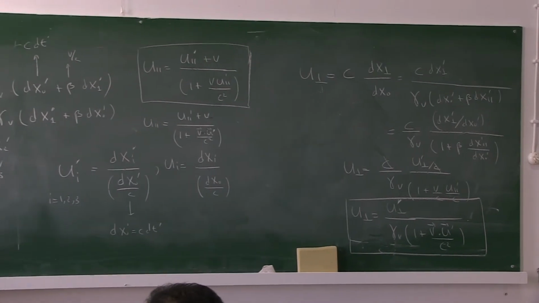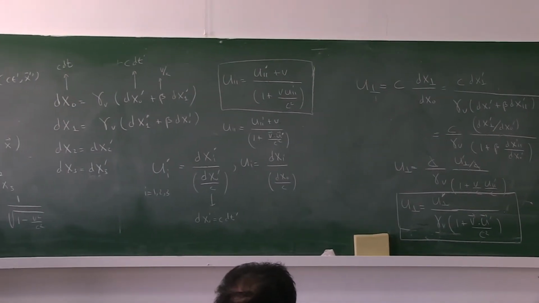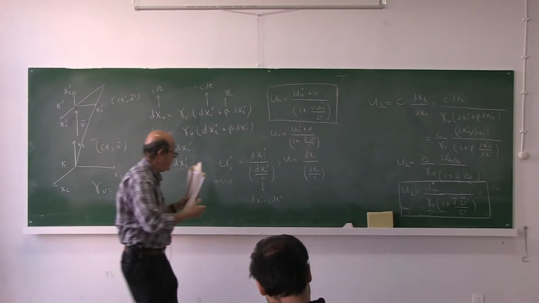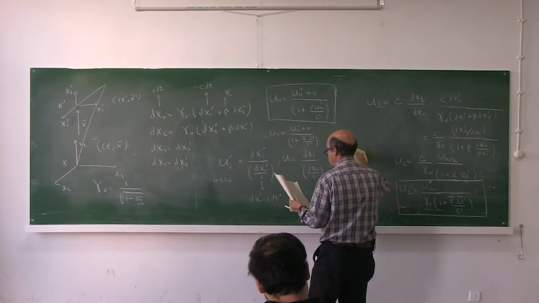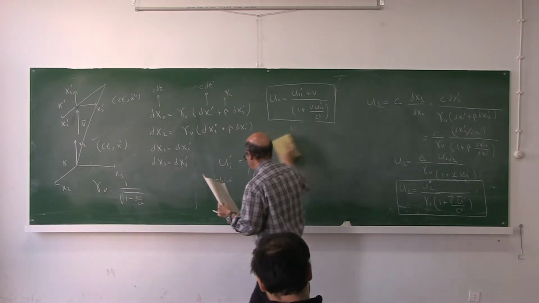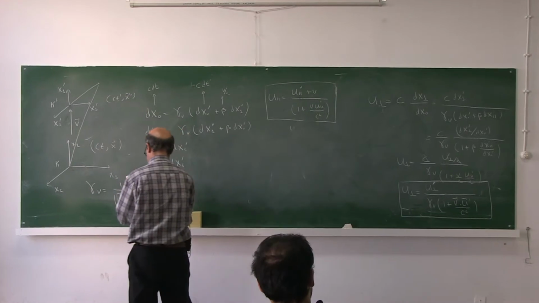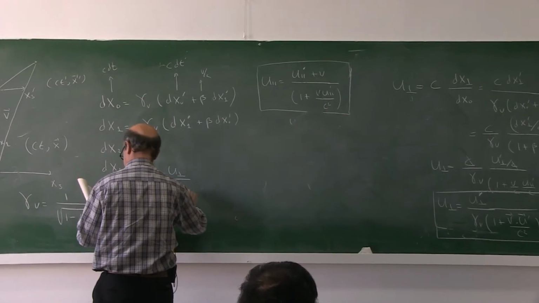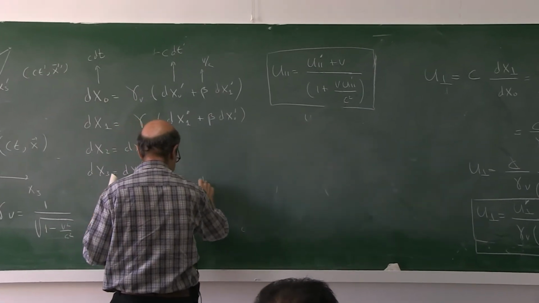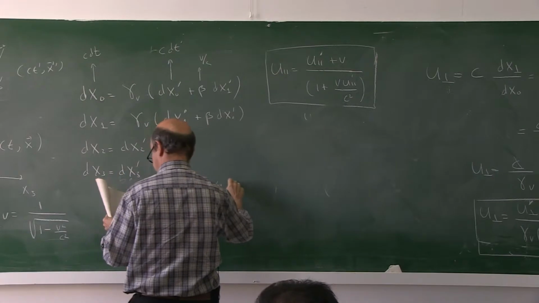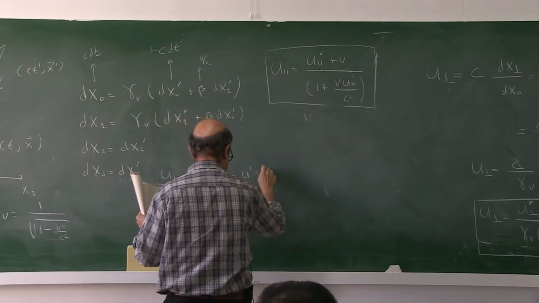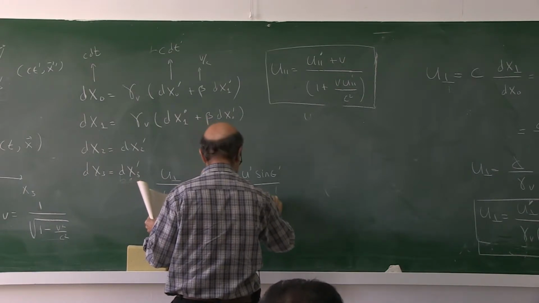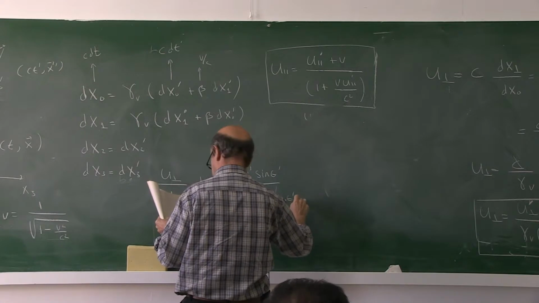Now, another thing, you can easily derive that ratio. I am not going to derive it, but as practice you can do the following. You can take the ratio. So the ratio is something like this: u perpendicular over u parallel is tangent theta, which is u prime sine theta prime over gamma times v plus u prime cosine theta prime.